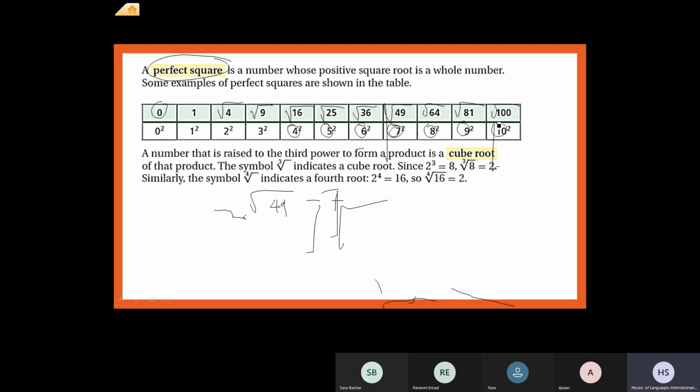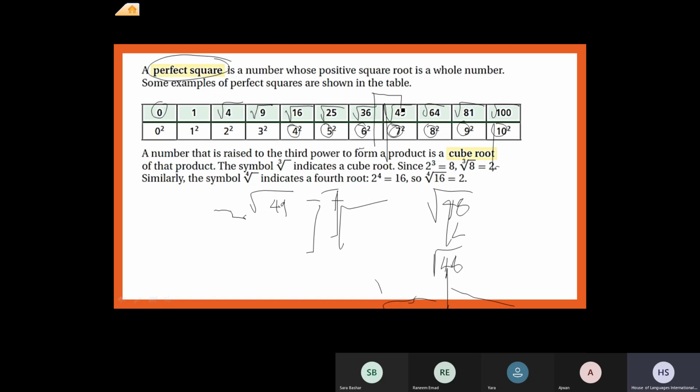Now the other square roots, as an example, the square root of 48. Sorry, this is not 8, okay? Now the square root of 48. I told you 49 is rational, so 48 will be irrational. So a number between 36 and 49 is an irrational number.